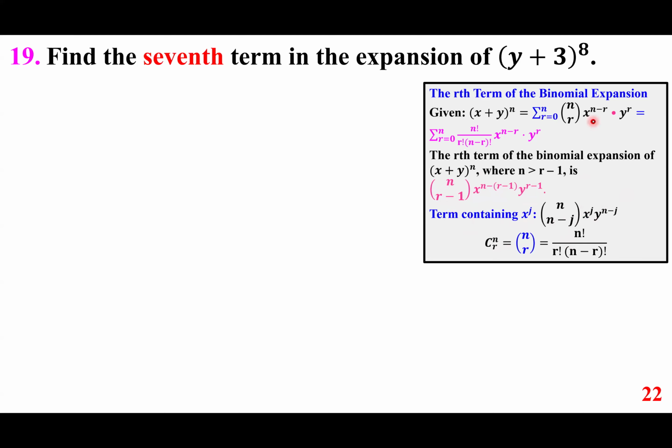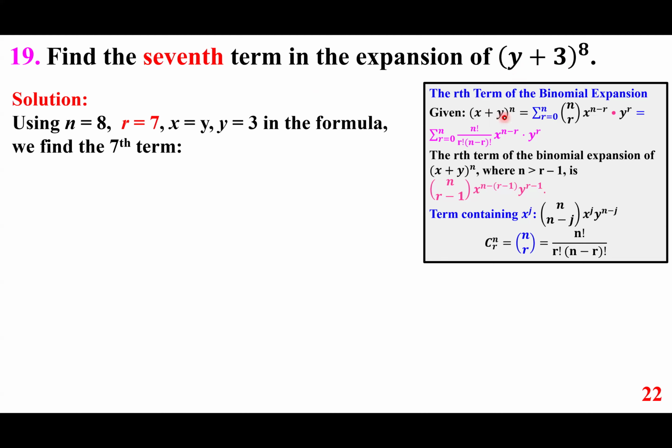Let me tell you how to achieve that. Number 1, everybody agrees that n is 8, and for the 7th term, r is 7. x is y and y is 3.